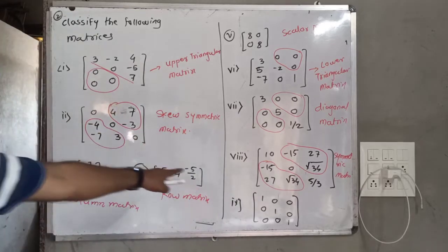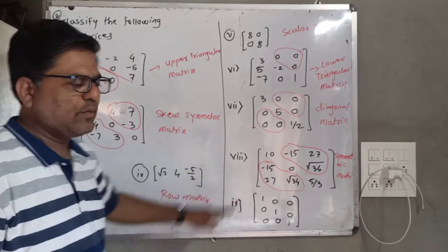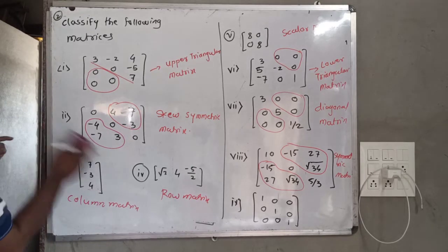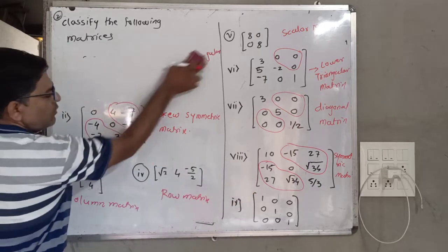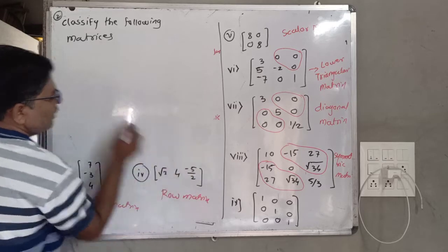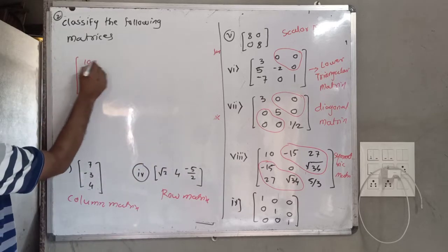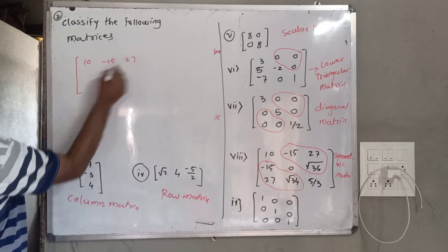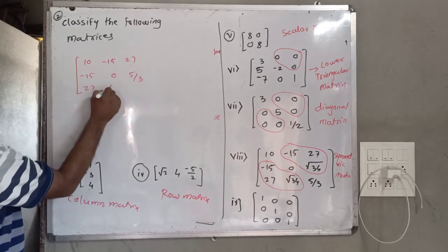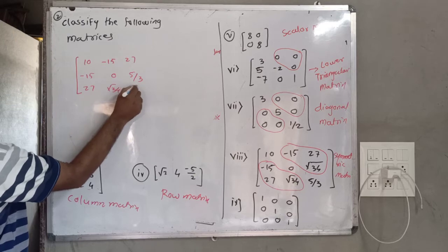Just take a screenshot. I am going to explain this example to you. Okay, done. For this example, what do we mean by a symmetric matrix? Suppose this is a matrix: 10, minus 15, 27, minus 15, 0, 5 by 3, 27, under root of 34, and 5 by 3.